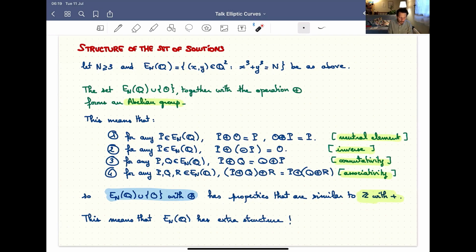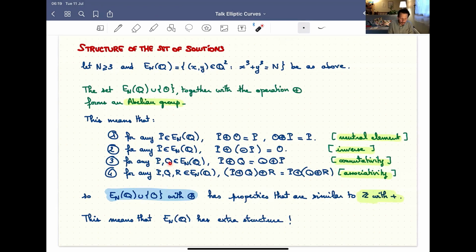And then for any point P, if you add P to the point minus P, what you get is the point O.